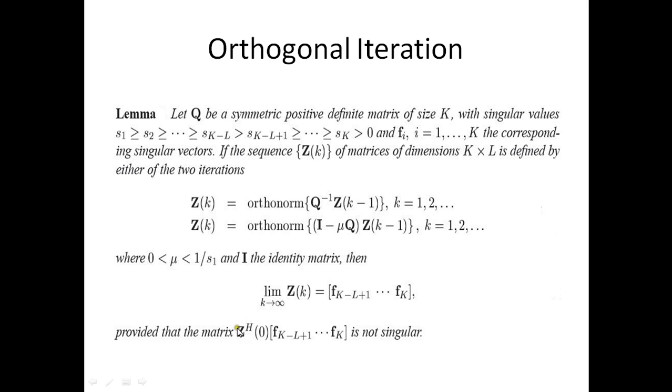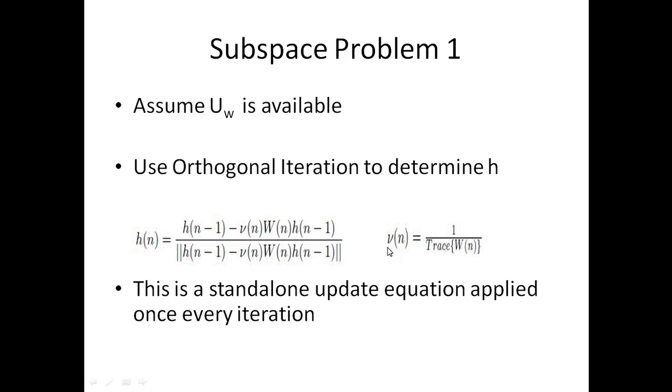So the determinant of Z Hermitian of 0 into Fk minus L plus 1 to Fk should not be 0. If this condition is satisfied and one of these two iterative techniques is used, then as k tends to infinity, we will get the sequence of matrices to be the singular vectors themselves, corresponding to the least L singular values. So using this technique, we will solve the problem of channel estimation.